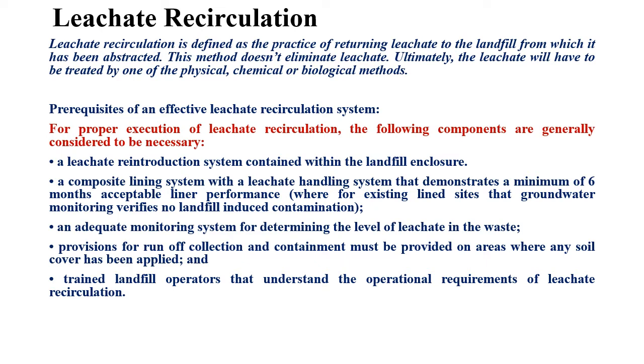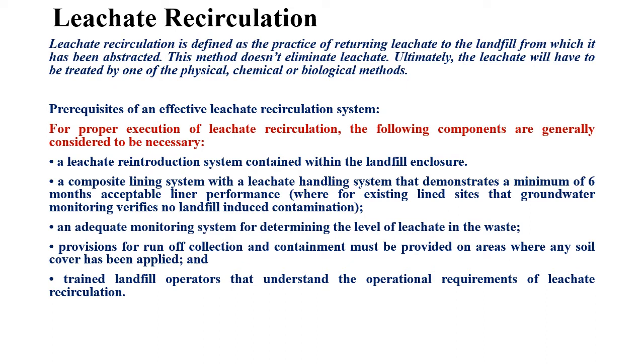Because in no way should this recirculation initiate any leakage within the liner system and ultimately contamination into the subsoil. So a minimum of 6 months of performance has to be evaluated for the liner system which is to be constructed for a new landfill.